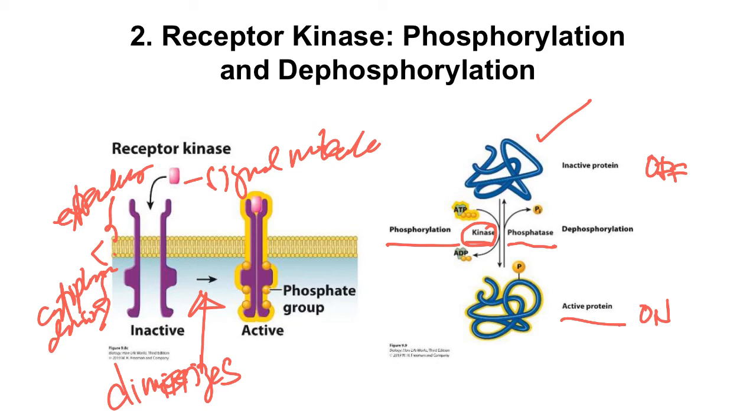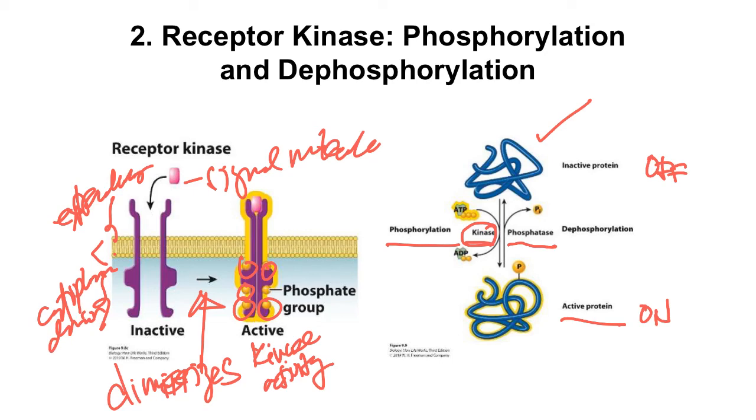Okay, it causes the dimerized polypeptide subunits to change conformation, triggering the phosphorylation of certain parts of the molecules. And the phosphate group that is added to them is a result of the activation of the kinase activity of the receptors as they dimerize together.